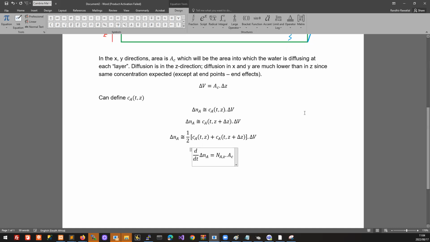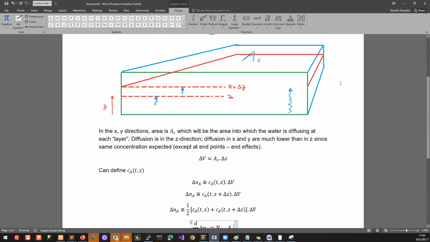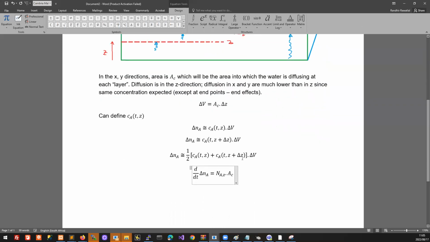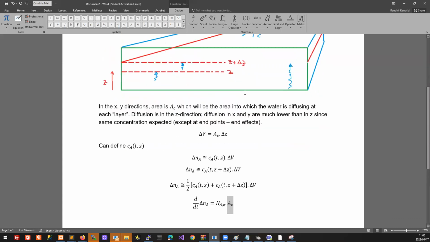And you see, in these problems, there will be many different areas to deal with. You could also talk about the area of this end over here. And then there's another area where this green box is drawn. So there are different areas that you can define, so you have to be very careful. If you are looking in the Z direction, then the area that's normal to that is in the X and Y direction, and that is the area AC.